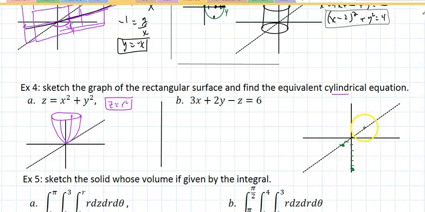And if x and z are 0, that's a 3. It's a plane that's intersecting the xy, xz, and yz planes in that form. And this is 3r cosine of theta plus 2r sine of theta minus z equals 6. You could solve for z if you want. You don't have to. That's good enough.